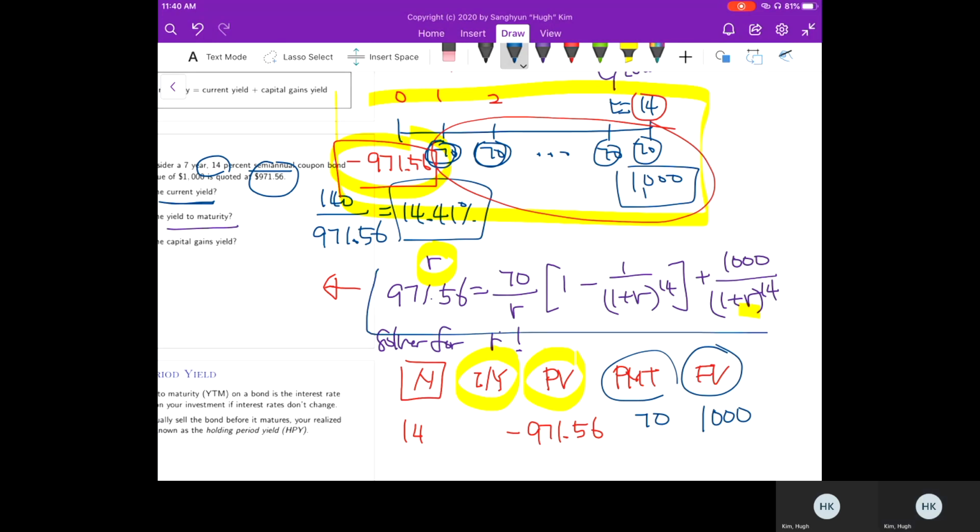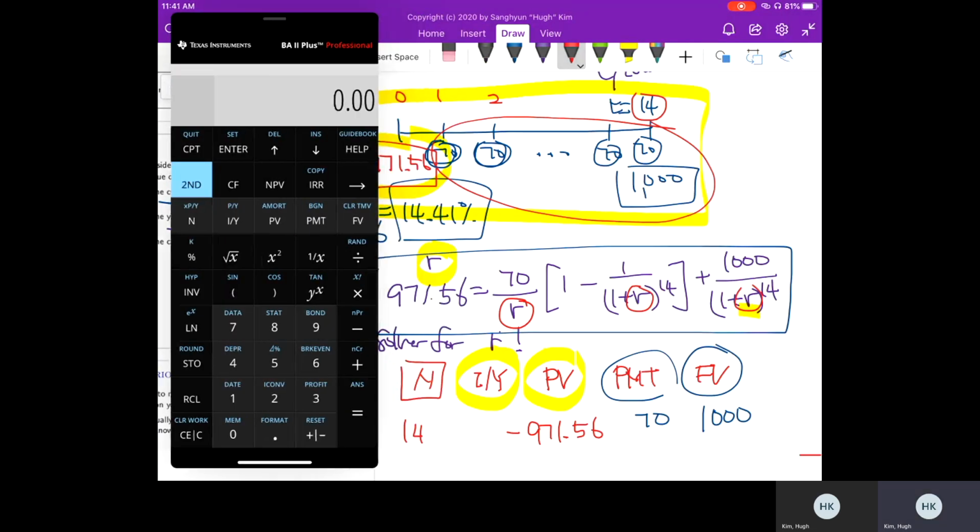So in this equation, there are 5 variables. You know 4 variables, so you can solve for the 5th variable, which is R here. In the financial calculator, I'm going to input the values for the 4 variables that we know, and we can solve for the 5th variable.